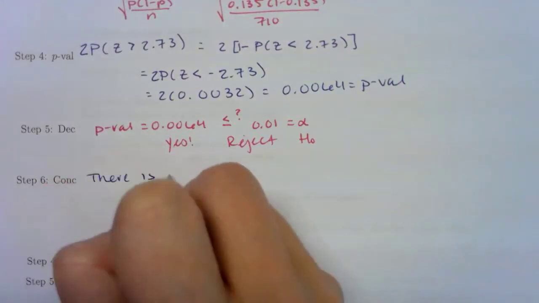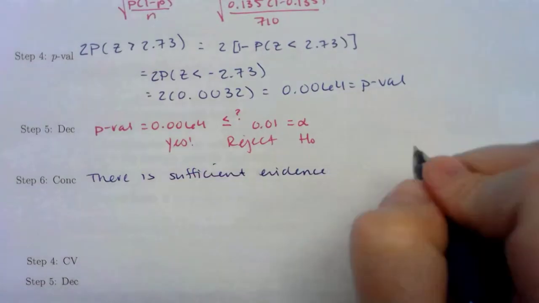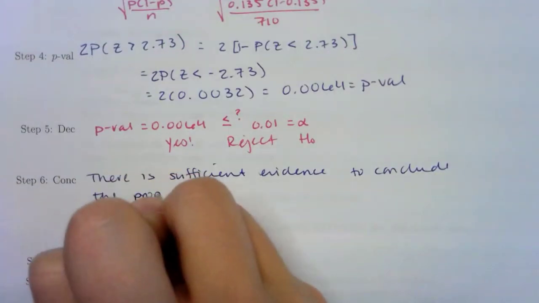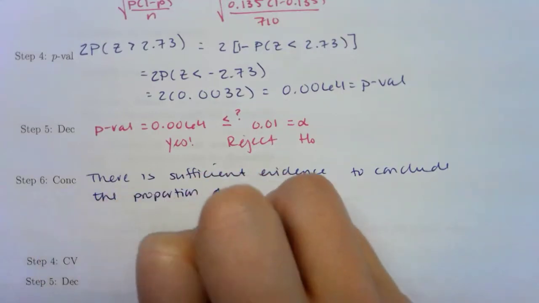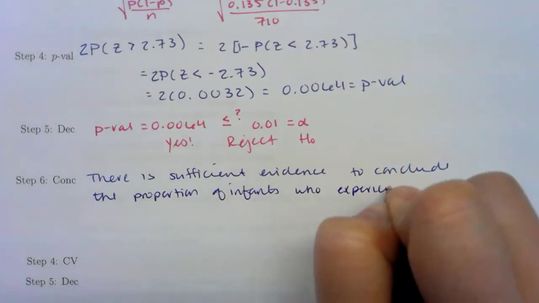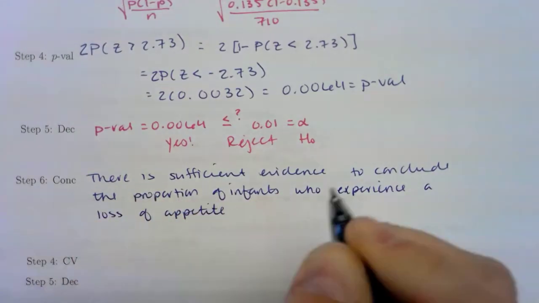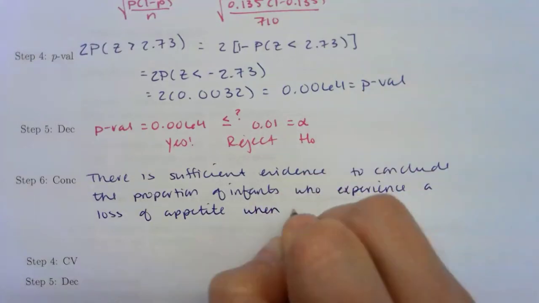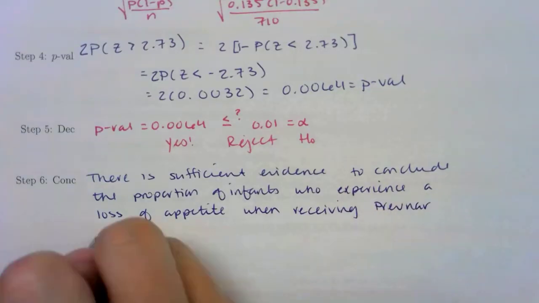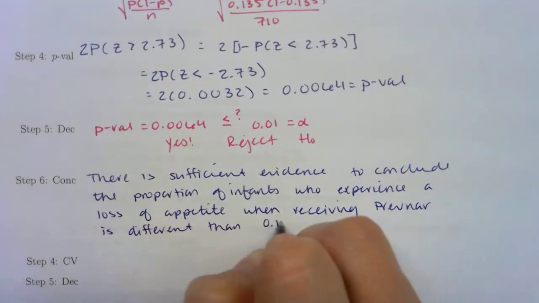So our concluding statement says there is sufficient evidence to conclude the proportion of infants who experience a loss of appetite when receiving Prevnar is different than 0.135.